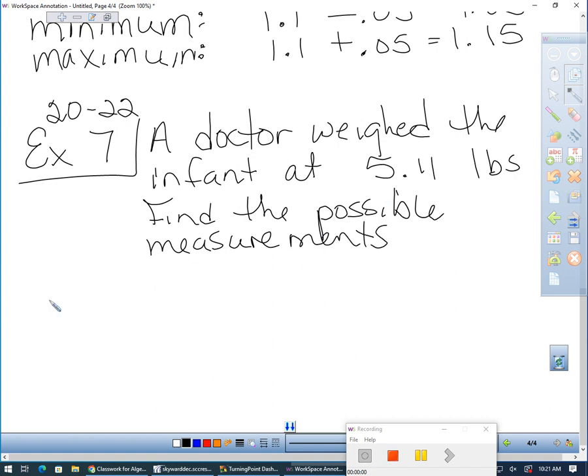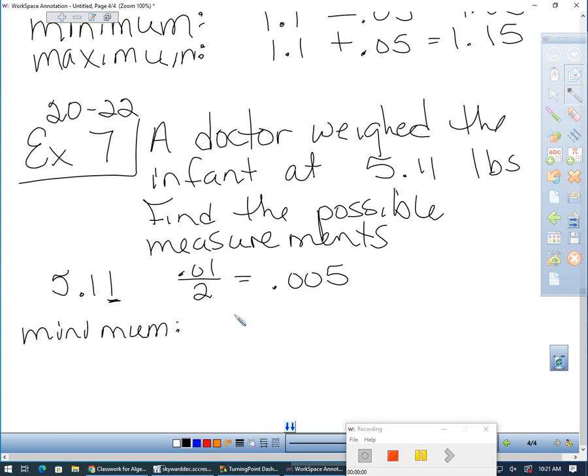All right. So if we have 5.11, this last one is in what column? The 100th. So we take 0.01 and divide by 2. That means that our measurement can be off by 0.005. So we're going to start with doing our minimum. Take 5.11 and subtract 0.005.